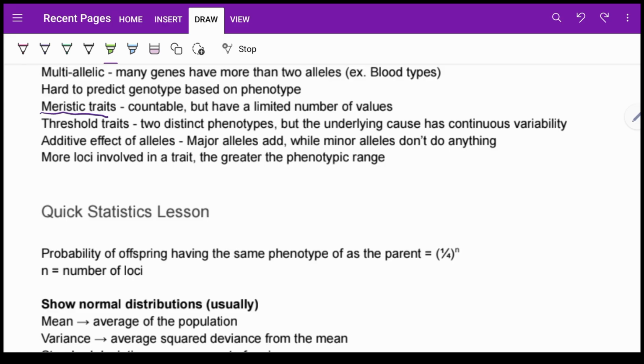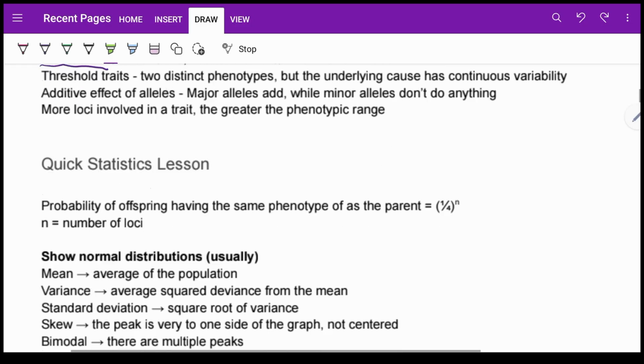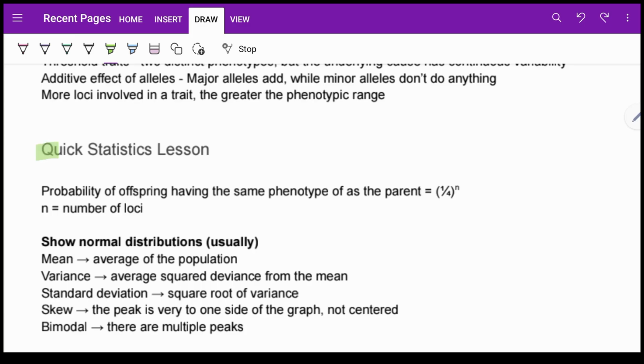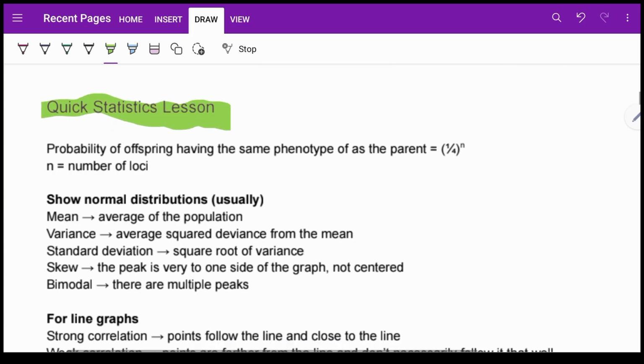The more loci involved in a trait, the greater the phenotypic range, because then you just have more genes in play. Let's have a quick statistics lesson here with calculating the probability of an offspring having the same phenotype as a parent. This calculation is 1 over 4 to the n, where n is the number of loci.